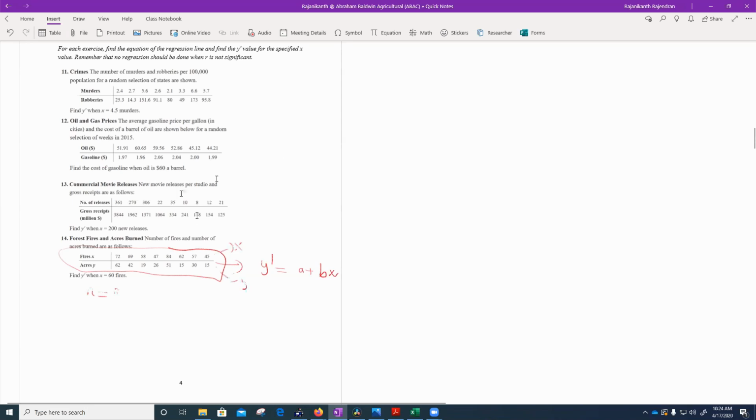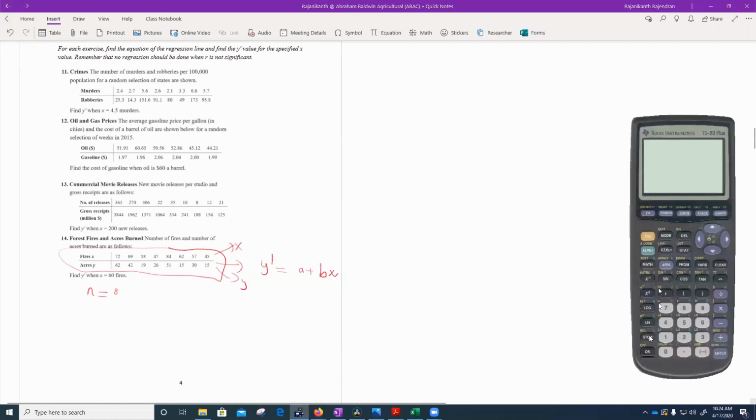So let us enter these values into your calculator. Remember the first row: that is the number of fires and how many acres are burned, destroyed. So these are the two things. I'm going to enter my x values into the L1 column.